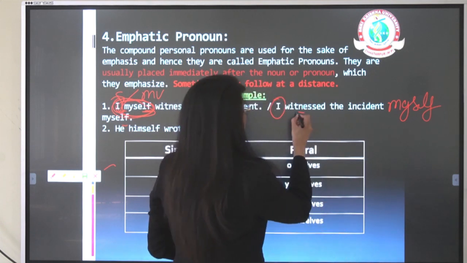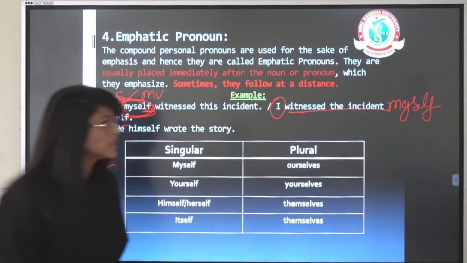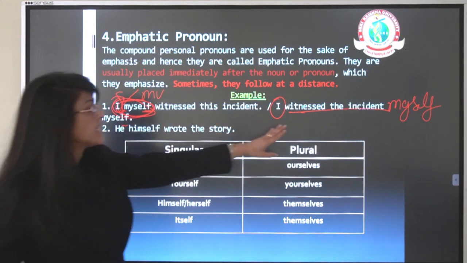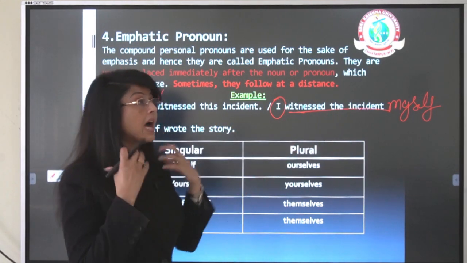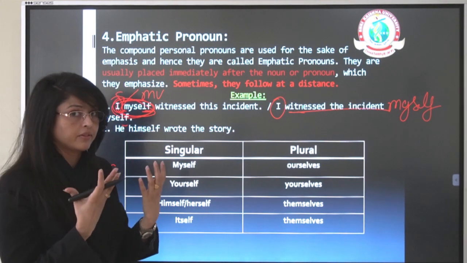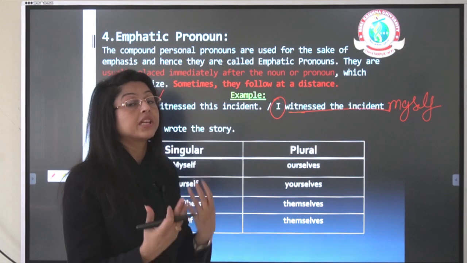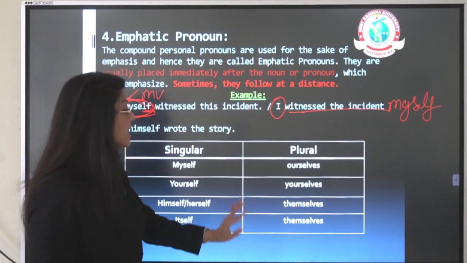So, it is at a distance. Can you see that? I witnessed the incident myself. So, I am putting focus on myself, right? Here I am not reflecting my action, but I am putting the focus on myself.